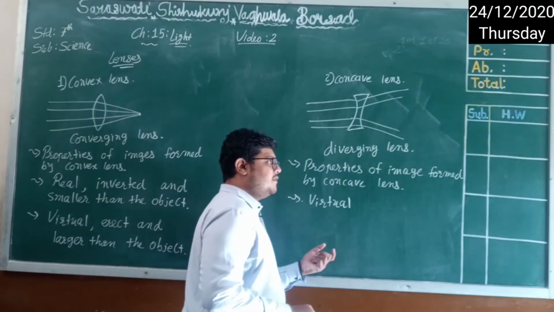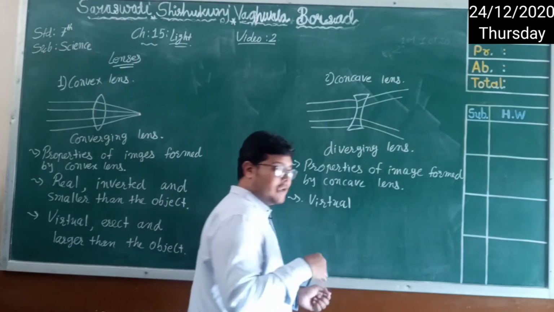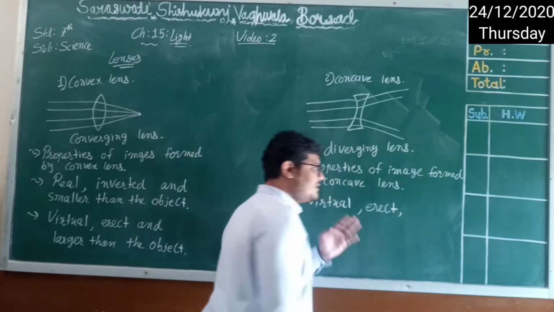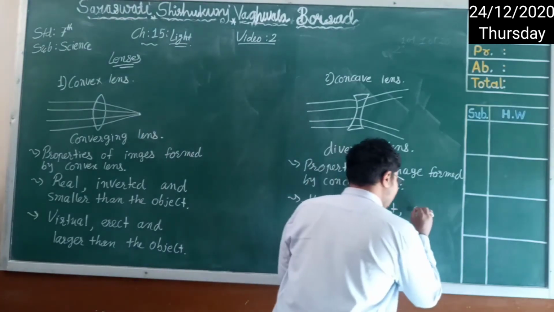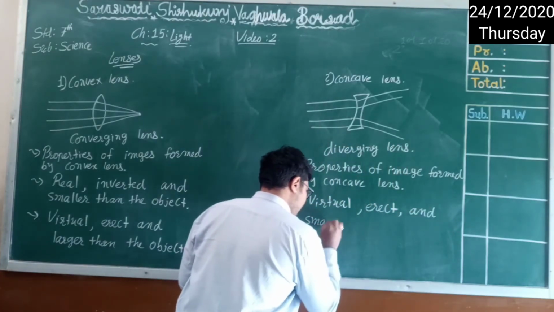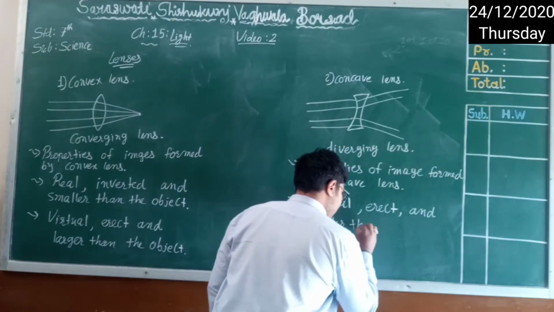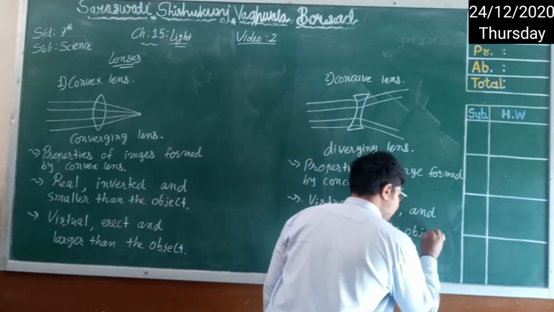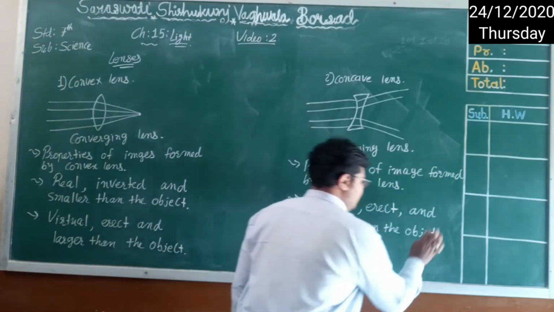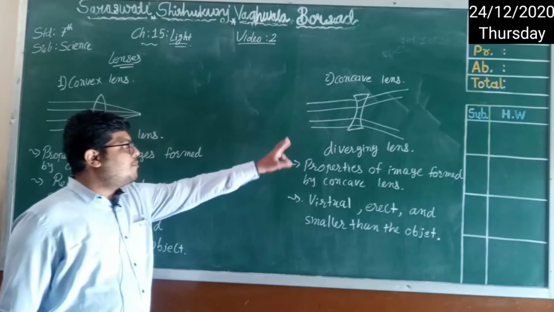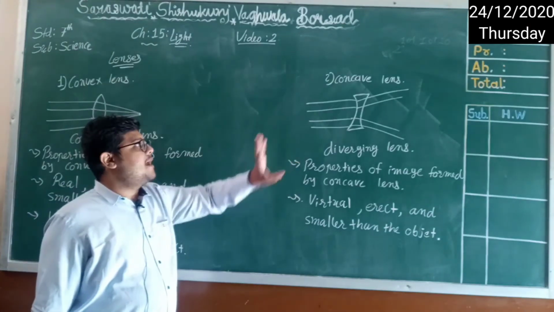When a virtual image forms, it will always be erect, and smaller than the object, right? So these are the properties of images formed by concave lenses.